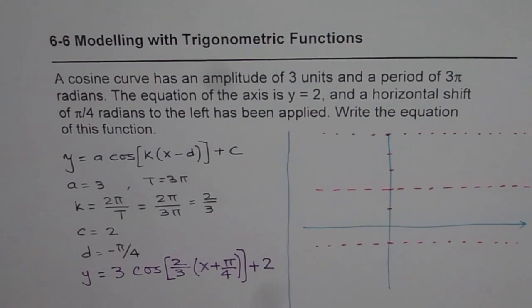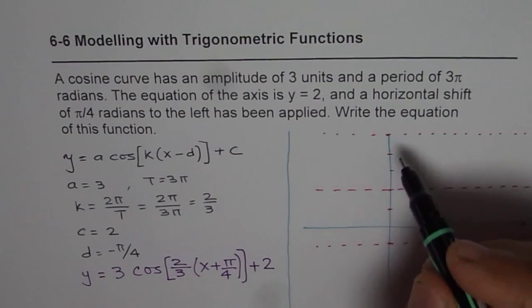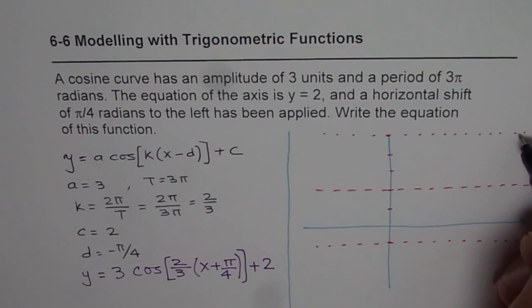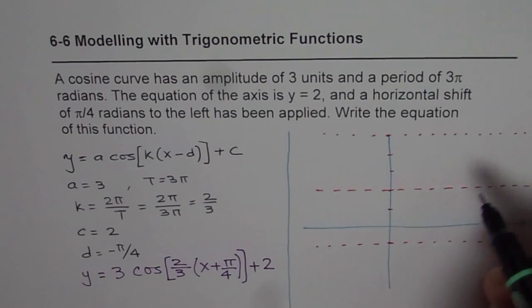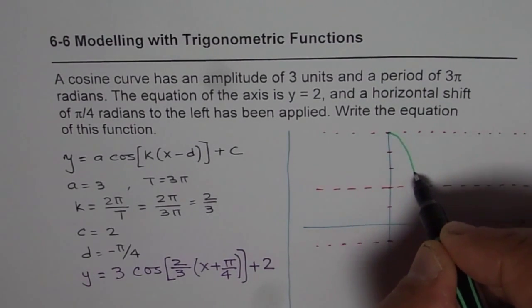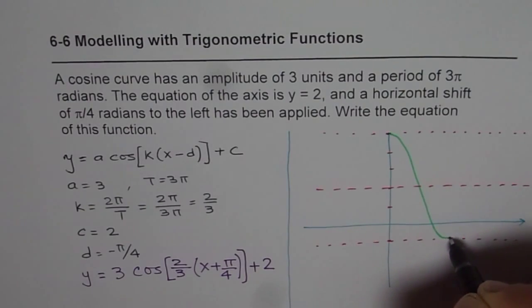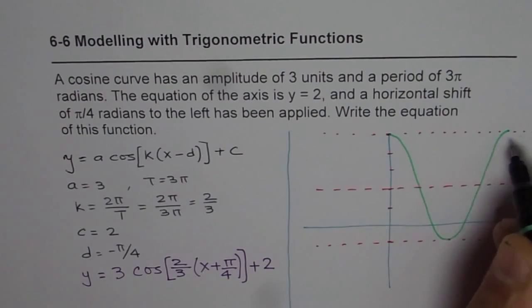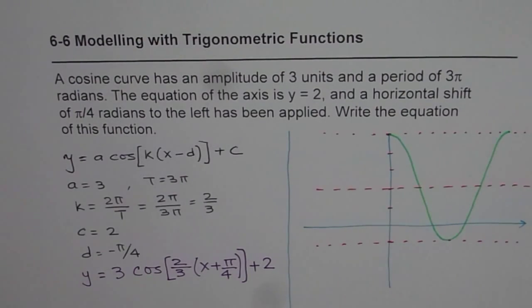I will sketch a cosine function, a light one. The idea is that the cosine function will start from the top and go like this and end somewhere on the top. So I make just one wave here. That is one wave of the cosine function for us.